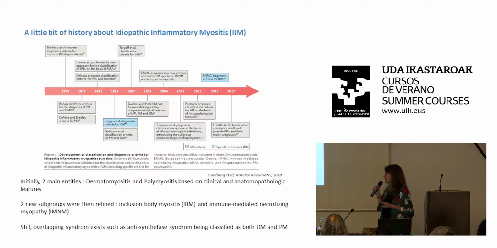Still, there are overlapping syndromes that exist, such as antisynthetase syndrome, being classified as both dermatomyositis and polymyositis.